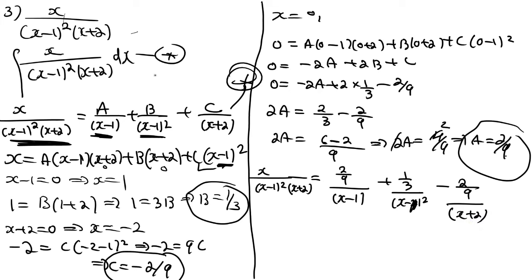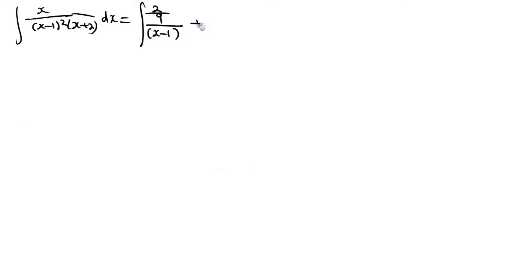Substitute in equation star. So the integration of x divided by (x minus 1) whole square into (x plus 2) into dx is equal to the integration of 2 by 9 divided by (x minus 1) plus 1 by 3 divided by (x minus 1) whole square plus the C value, in minus sign, minus 2 by 9 divided by (x plus 2) into dx.